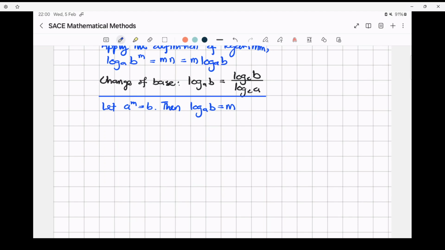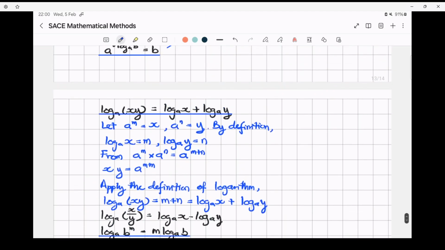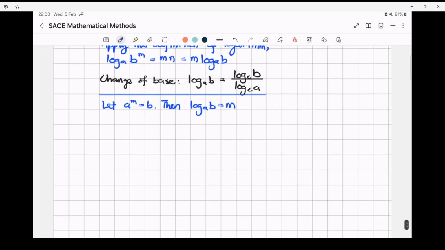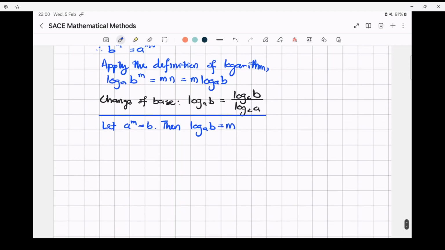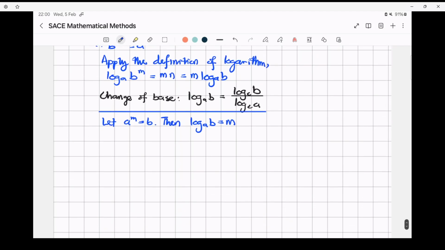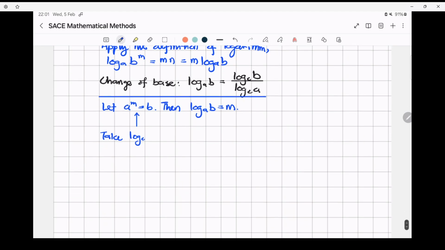Usually we define it this way, like what we did on top. So we can use m, for example. From this particular definition, we take logarithm on both sides. Particularly, you want to take log base c.